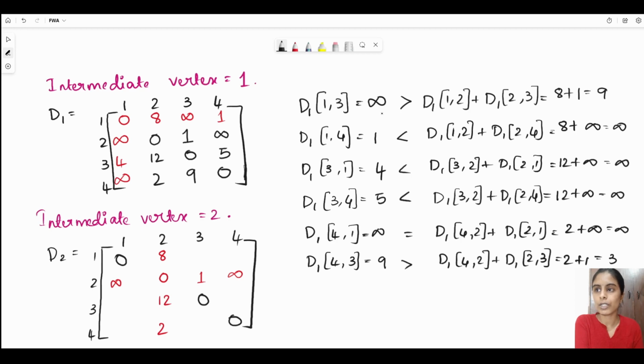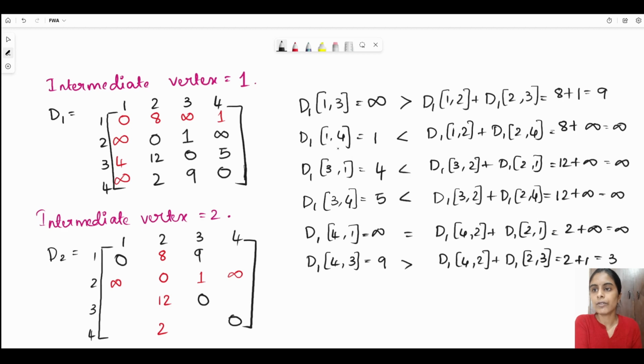D1 of 1, 3 is infinity, and now through the vertex 2 we have to check. So that is D1 of 1, 2 plus D1 of 2, 3. D1 of 1, 2 is 8 and D1 of 2, 3 is 1. So 8 plus 1 is 9. So clearly 9 is less than infinity. So our entry here will be 9.